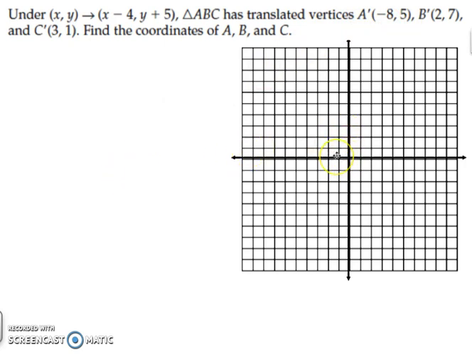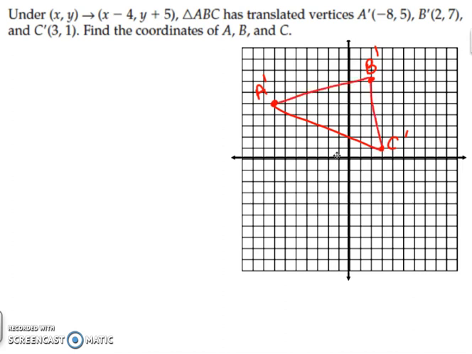So first off, let me plot A prime, B prime, and C prime. All right, so here is my shape.